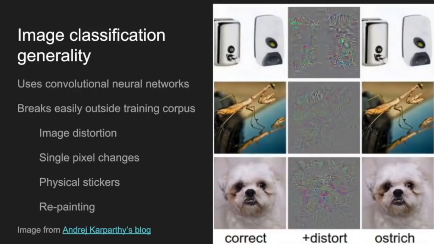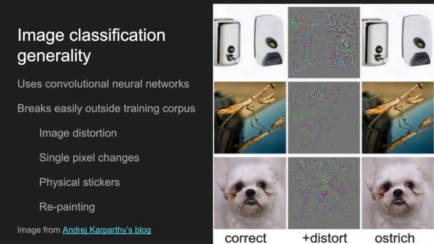With the addition of a little bit of distortion, shown in the middle column, which is just a little bit of noise, but the gray is no change at all, you get the images on the right. Visually to us, they look identical or very similar. You might be able to see a little bit of warping and distortion there. But for whatever reason, convolutional neural networks confidently predicted all of these to be ostriches.